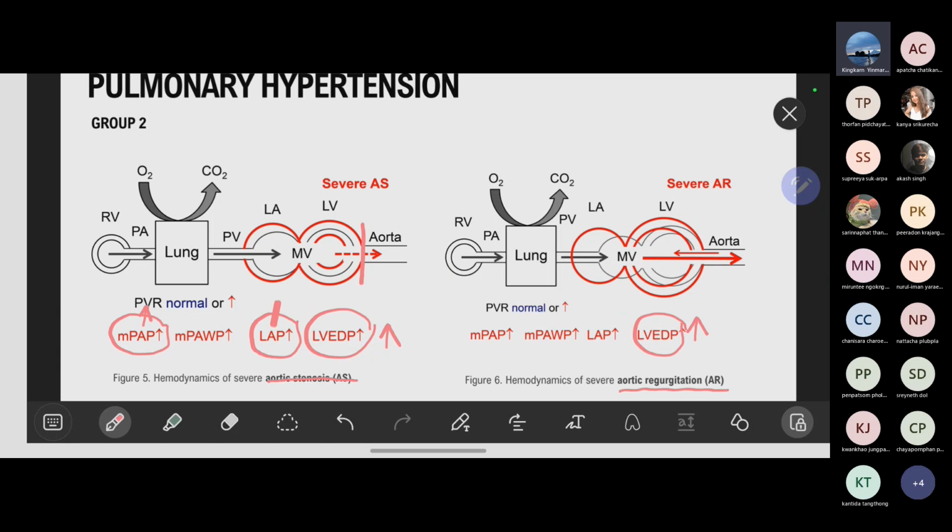In patients with chronic AR, this leads to LV dilatation, and LA enlargement is present. Next, LAP increases and mean pulmonary artery pressure increases.